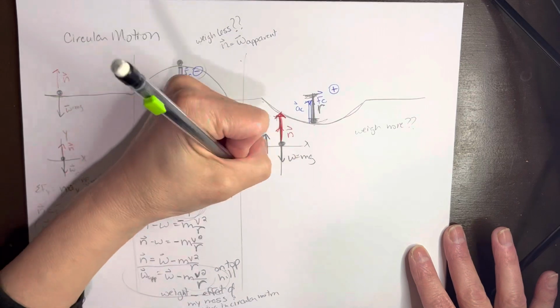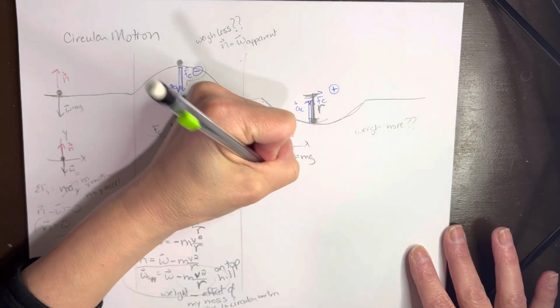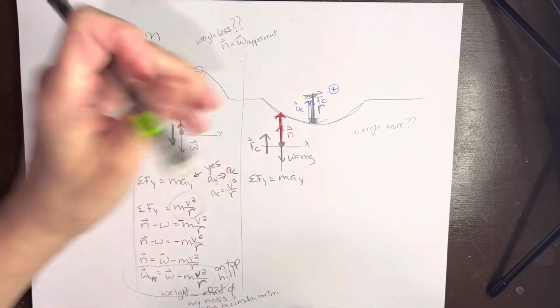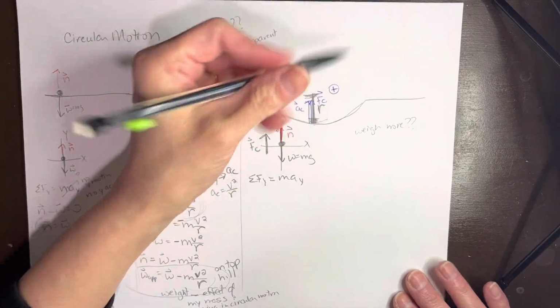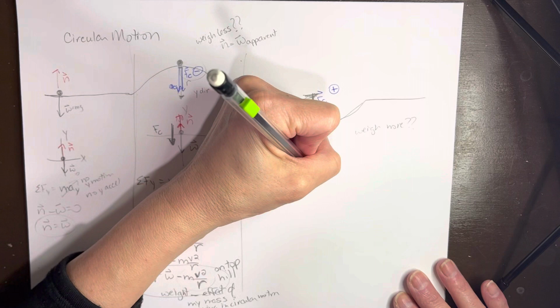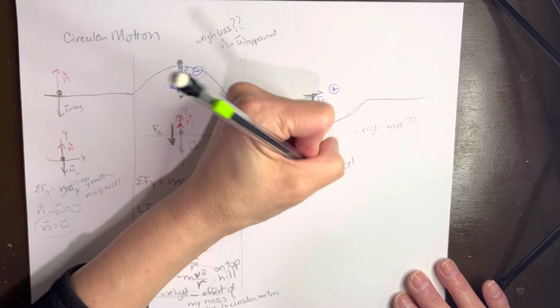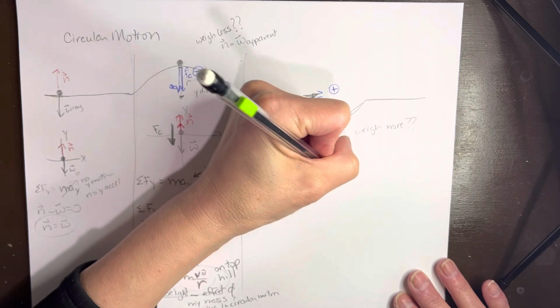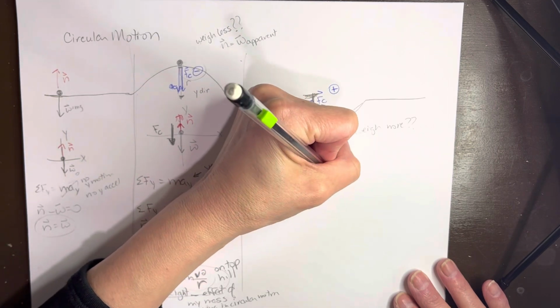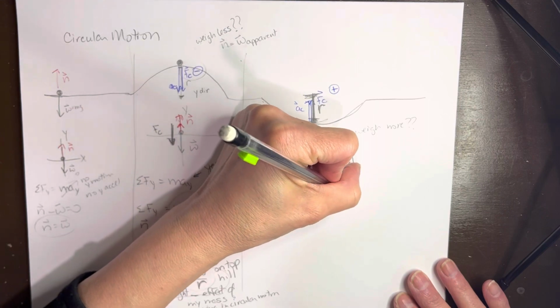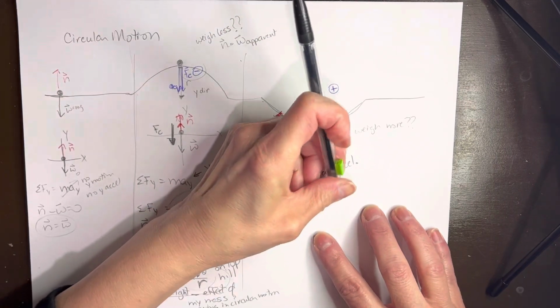So when I sum forces in the y, it equals mass times acceleration in the y. Now the car is moving at one velocity. Your car isn't speeding up or slowing down, but it has acceleration. It has centripetal acceleration because you're moving through a circle. Centripetal acceleration is v squared over r.